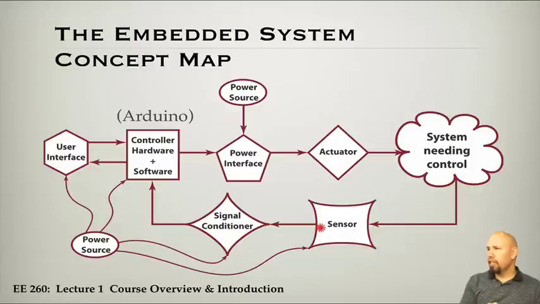There are sensors, a signal conditioner, a couple of power sources, and a user interface with the system. Here is the controller. The controller is going to be like a microcontroller. There's a power interface and an actuator associated with the system. So basically, here's where the intelligence is. The intelligence is generally put into the system in the form of software.